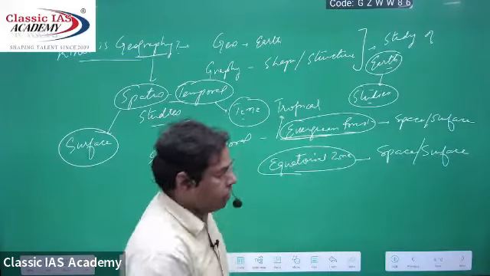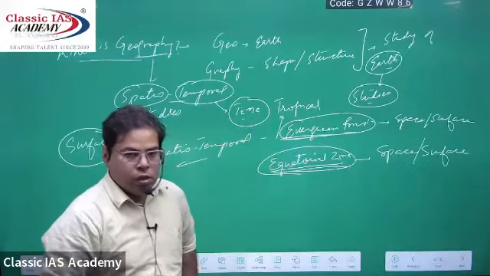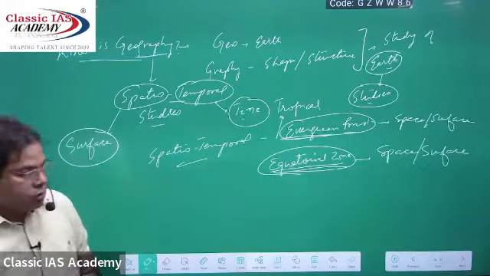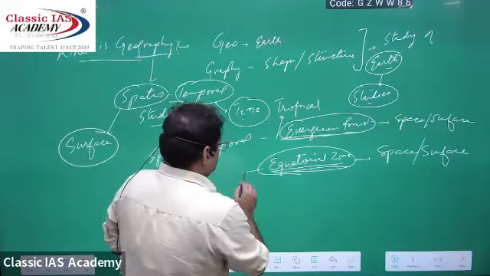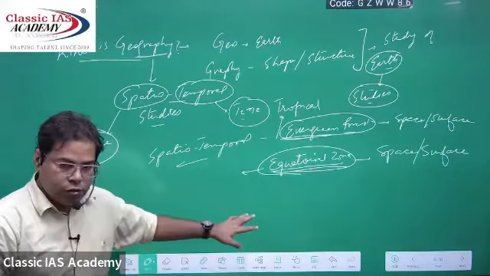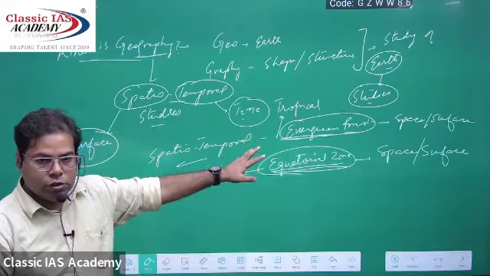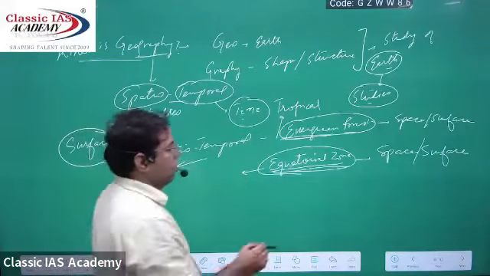The tree species or variety will be different. So this is differing on the basis of space.